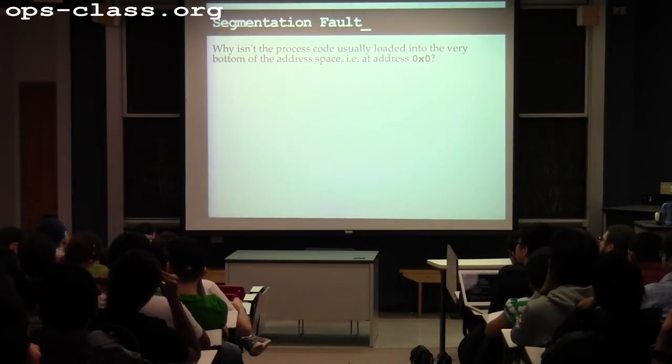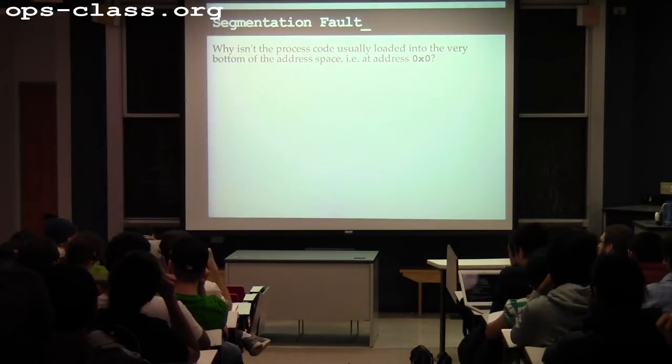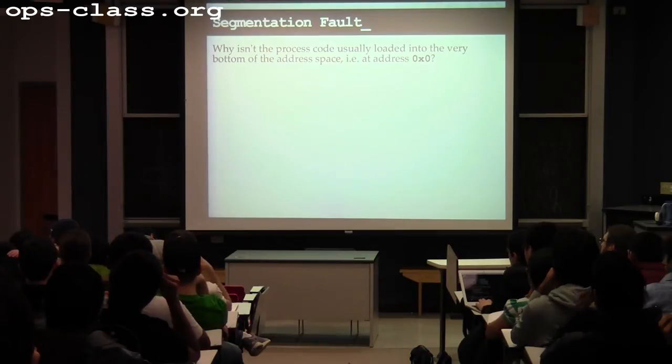Where do most segmentation faults happen? And what's the reason that I don't load stuff at the very bottom of the address space? What causes most segmentation faults? Null pointers, right? So I have a null pointer, and then I try to dereference that structure, right? Do most null pointer exceptions go to the address 0x0, true or false? True.